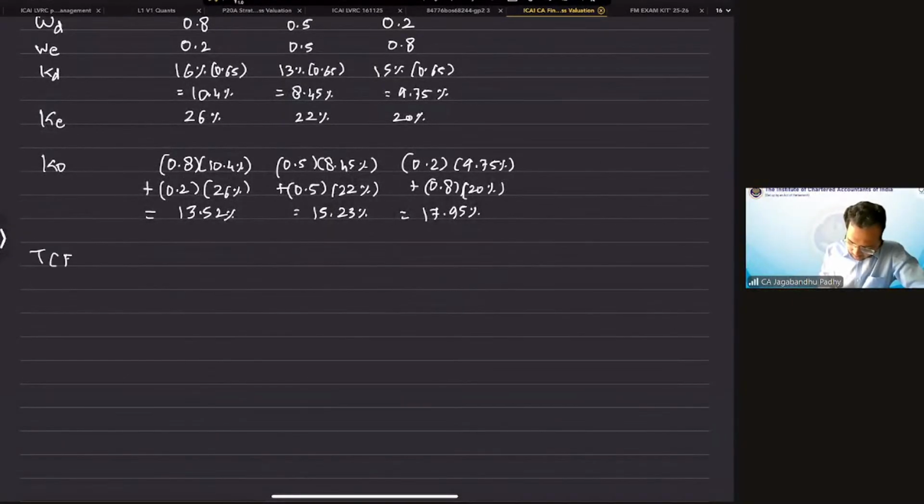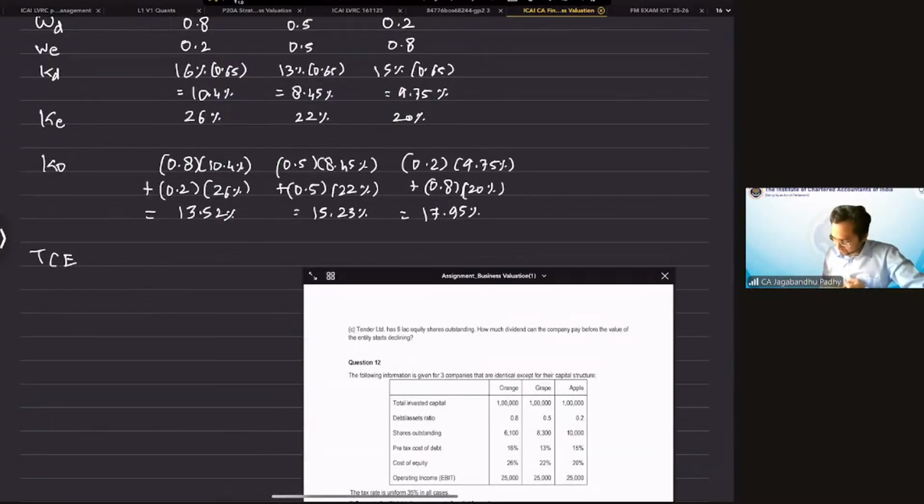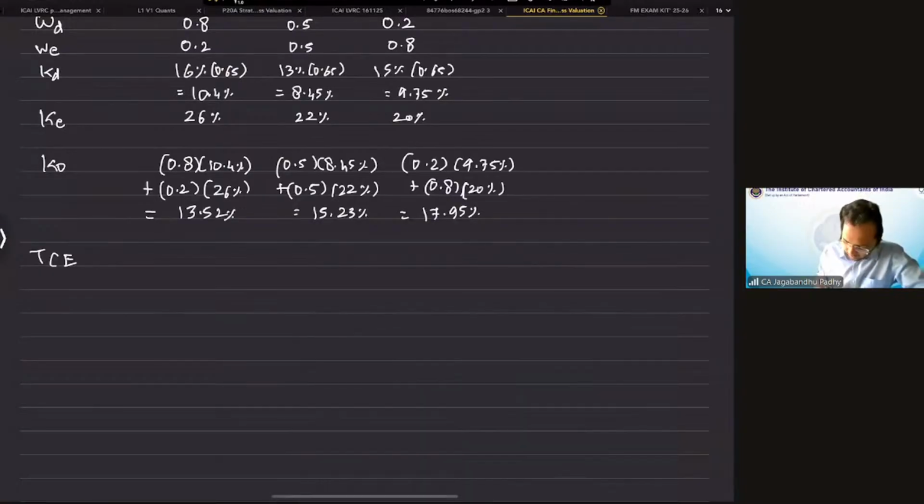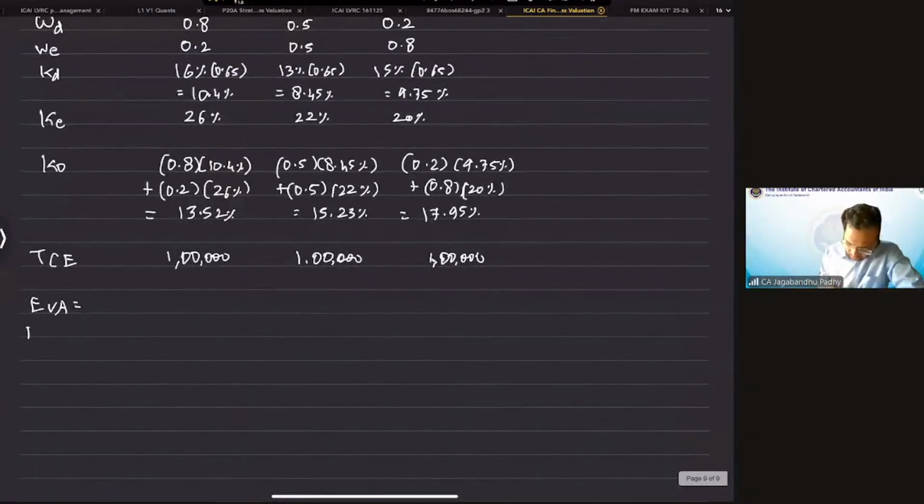Now we have the total capital employed. Total invested capital is anyways 1 lakh in all three companies. Now, what will be the EVA? EVA will be NOPAT minus total capital employed into KO.